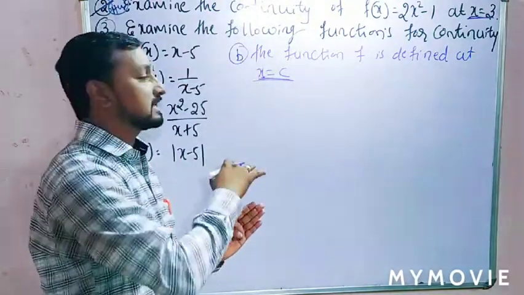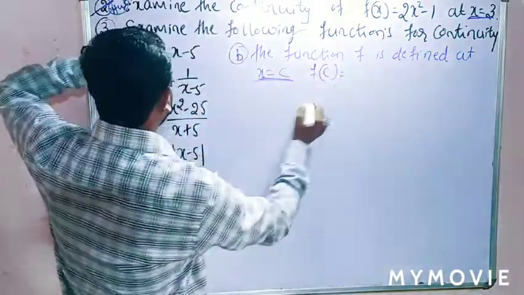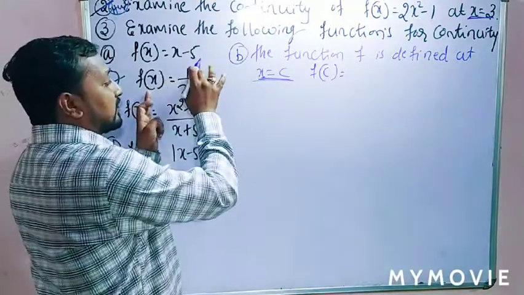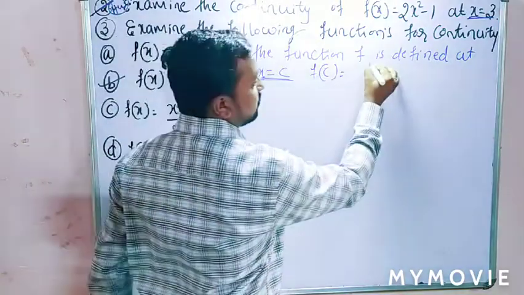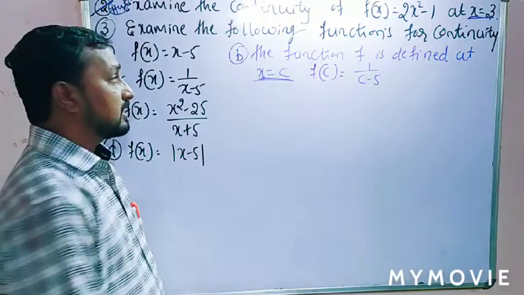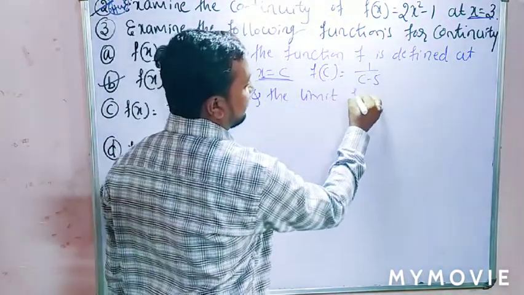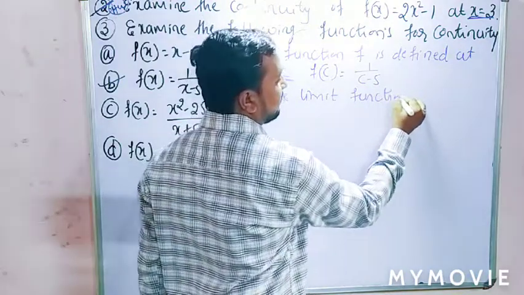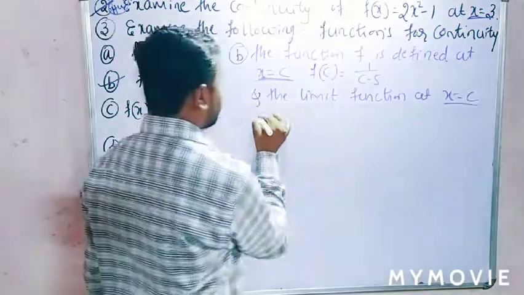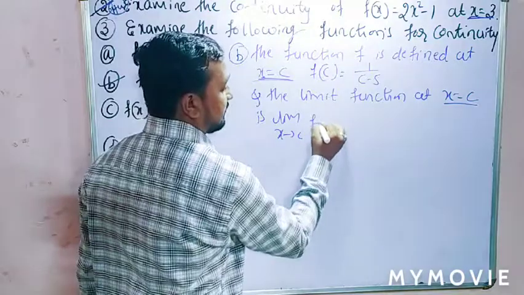We solved the previous example in the previous class. Here at x equal to c, f of x is nothing but 1 divided by x minus 5, and f of c is nothing but 1 divided by c minus 5. This is our constant function, and the limit function at the same general point c is limit of x tends to c of f of x.